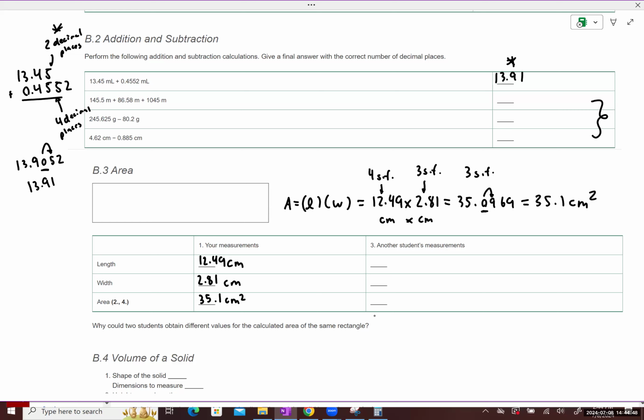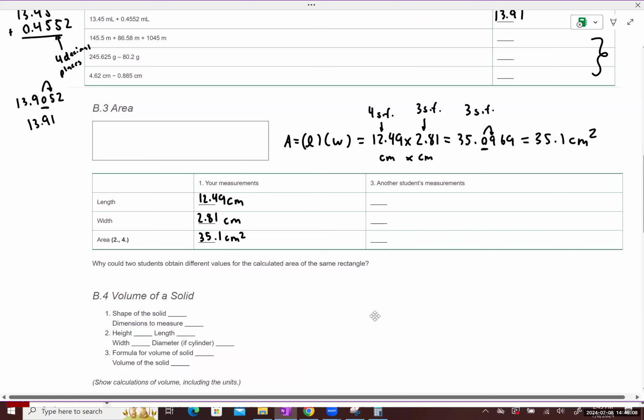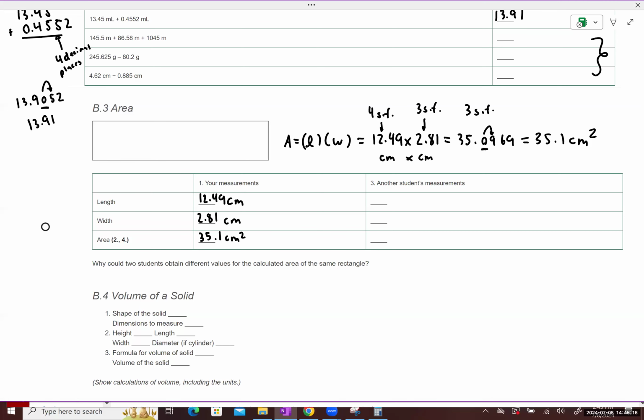Once you have another student's measurements, you'll calculate the area using another student's measurements, and you'll discuss why 2 students will obtain different values for the calculated area of the same rectangle. So you'll just answer this question. Given that there's inherently some variation when you take a measurement, you're going to see some variations in the area.